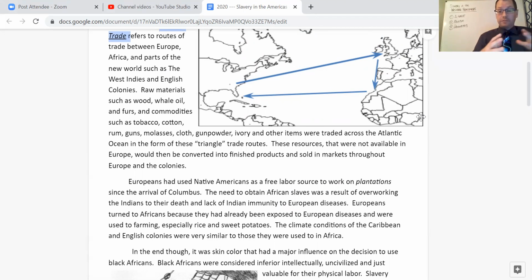Also, Africans were used to the climate. If you look across the map, you'll see the climate would have been pretty similar in Africa to the Central and South American areas and the southern British colonies. So there was a familiarity with the climate, with the conditions, with the type of work.